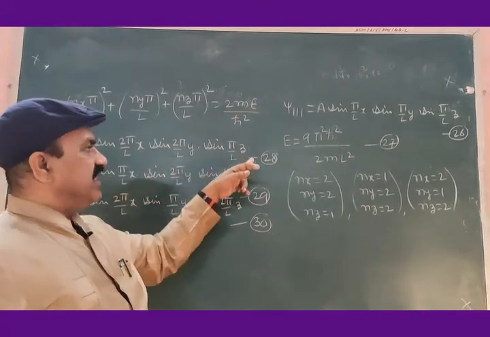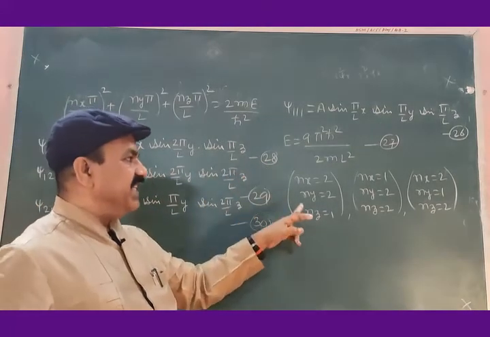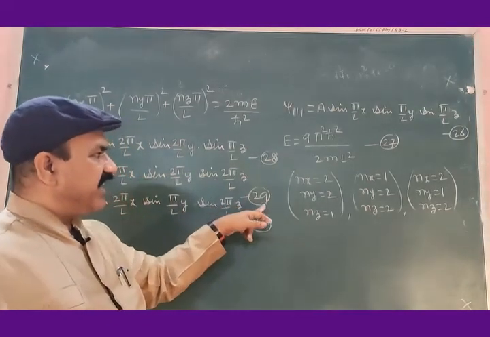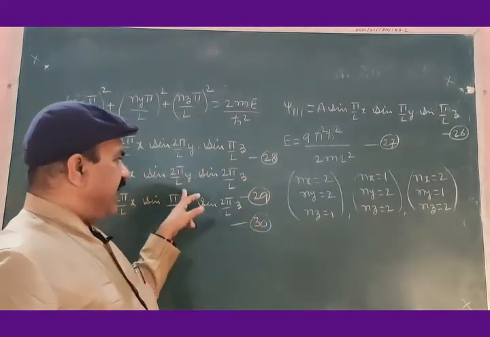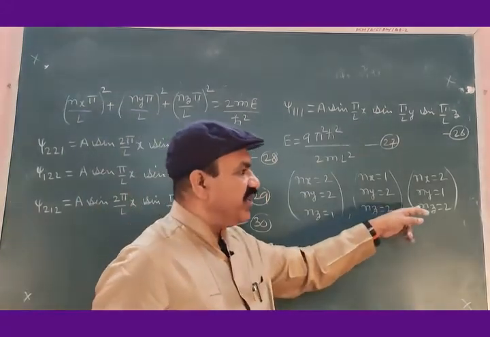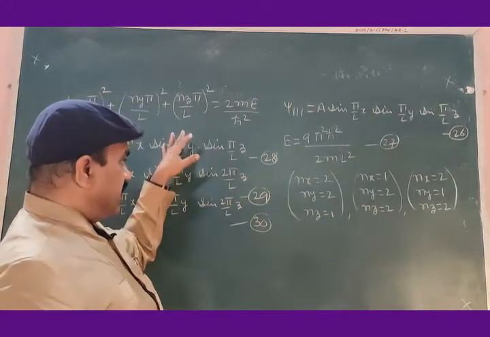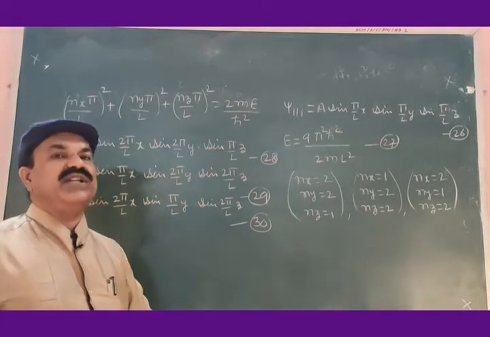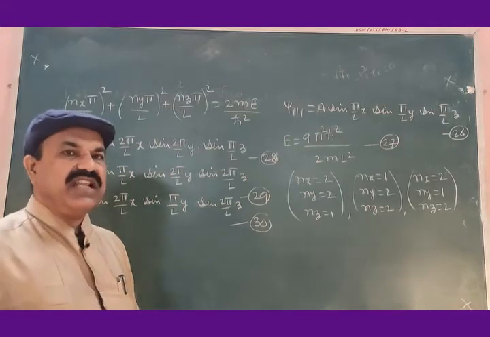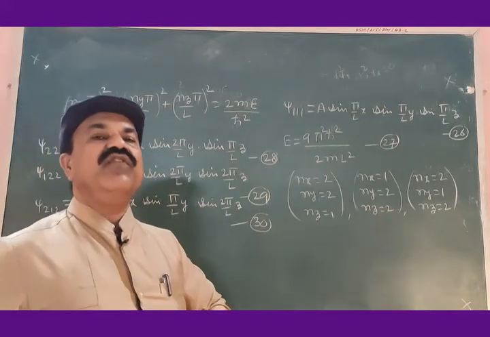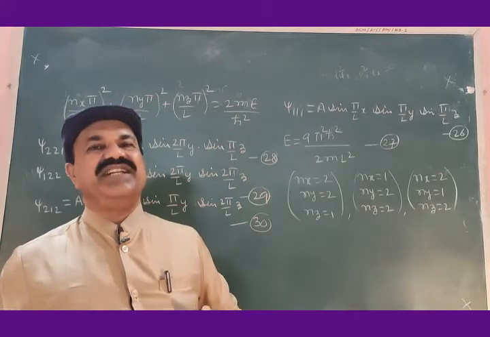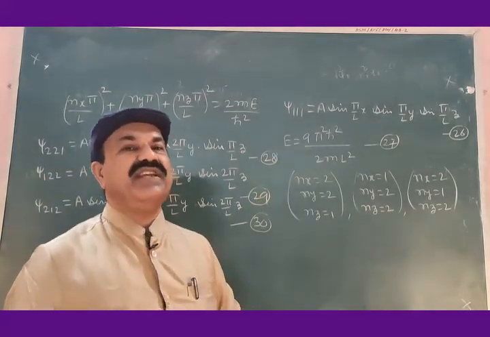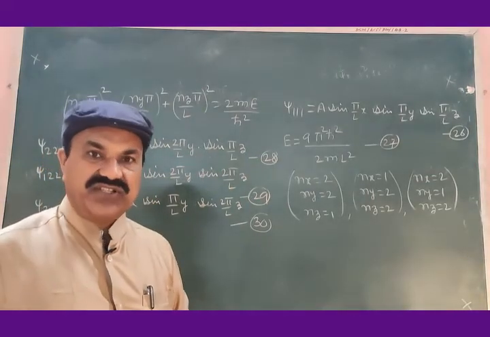The wave function represented by equation 28 corresponds to this quantum state, the wave function in 29 corresponds to this quantum state, and the wave function in equation 30 corresponds to this quantum state. These are corresponding to the same energy level but three different quantum states, and therefore this energy level is known as a threefold degenerate energy level.